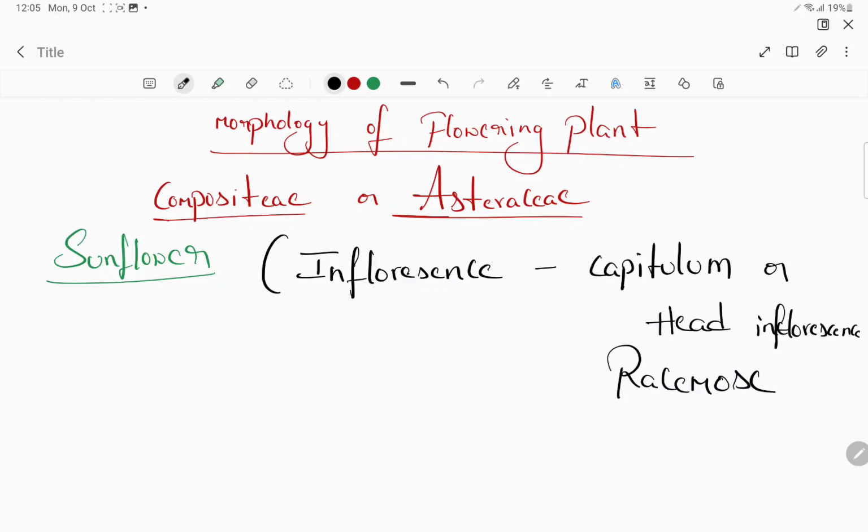So in racemose inflorescence, one type is capitulum, or head inflorescence, where the entire floral peduncle is condensed to form a head-like structure bearing the flowers.